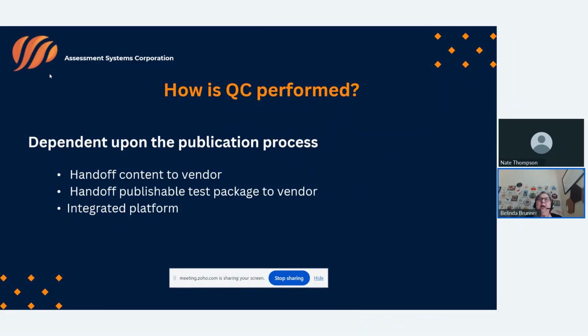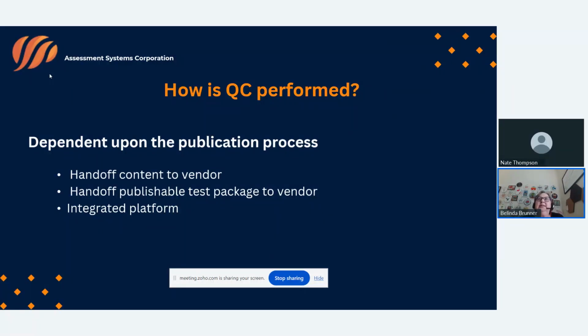So how is quality control performed? It really is dependent upon the publication process. And in a simple way of looking at it, there are perhaps three different ways that an exam can be published.